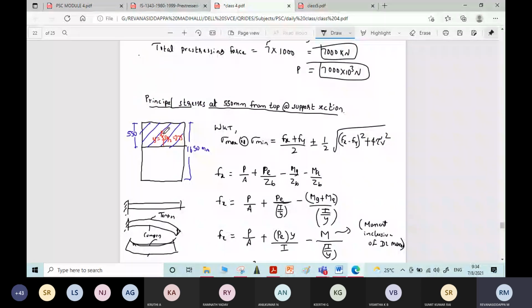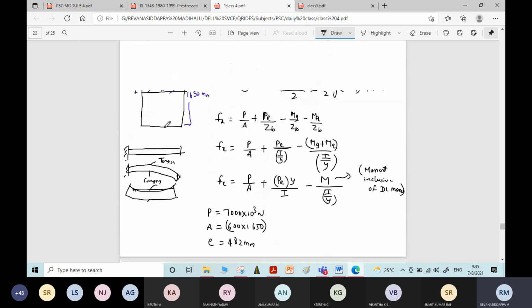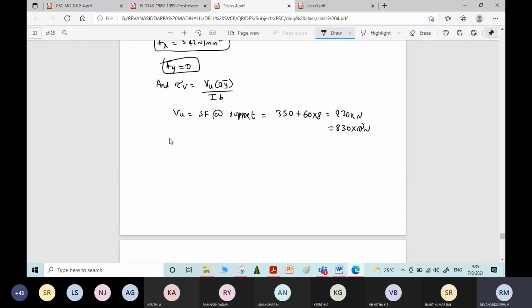Area, how much here? Shaded portion 550 into the width, which is 600 mm. And y bar will be 550 divided by 2, 275. A y bar is equal to area 600 by 550 into y bar, half of 550, that is 550 divided by 2.